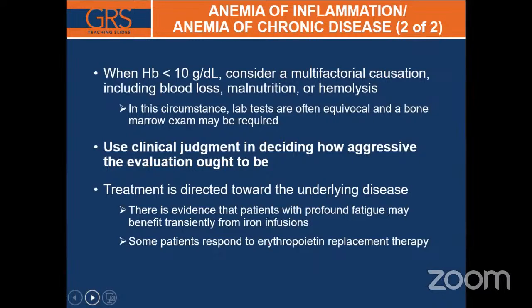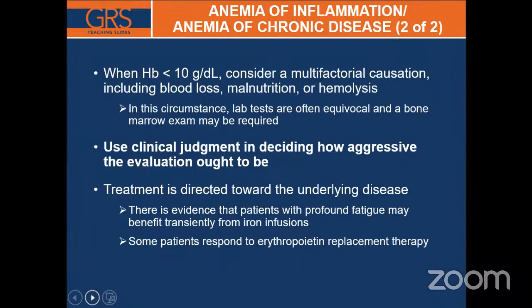Okay. Whenever we find a hemoglobin less than 10, we should consider a multifactorial causation, including blood loss, malnutrition, or hemolysis. In these circumstances, because of the multifactorial causes, the lab findings may be equivocal and not lead to a particular cause.